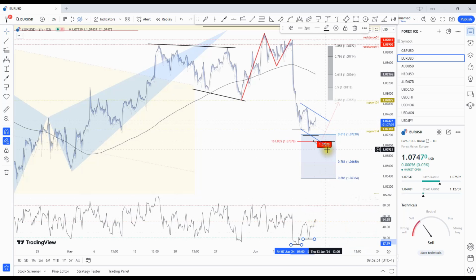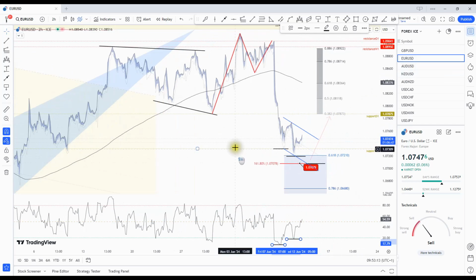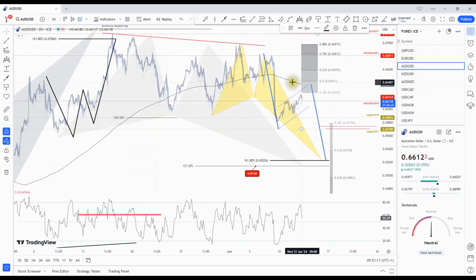And then in order to complete that bullish crab pattern, we need to see a new lower low on the euro dollar, and probably it will be formed also in divergence with the previous lows. So pay attention also to the potential move to the downside, one last move to the downside on the euro versus the dollar in order to complete the three drives pattern formation and the bullish crab pattern.